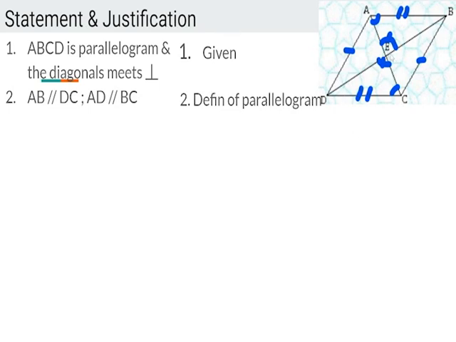In our image here, our top is always parallel to the bottom, and our sides are parallel to each other. So in this example, AB is parallel to DC and AD is parallel to BC.